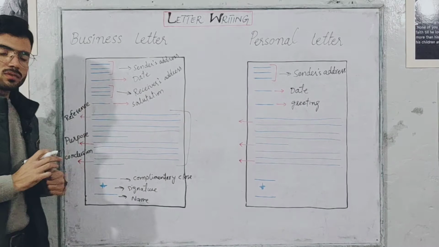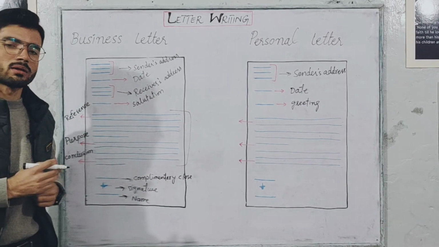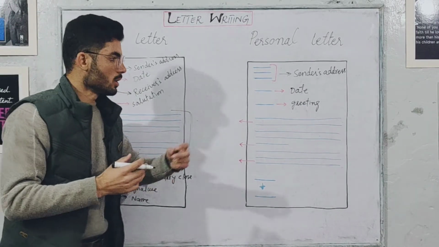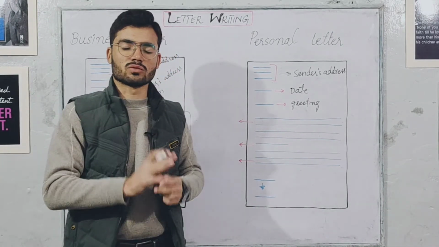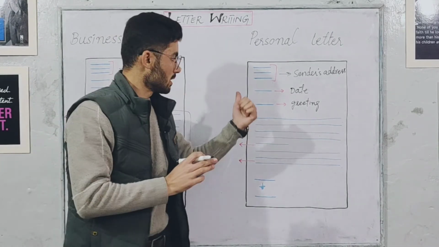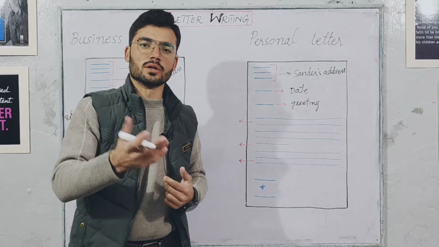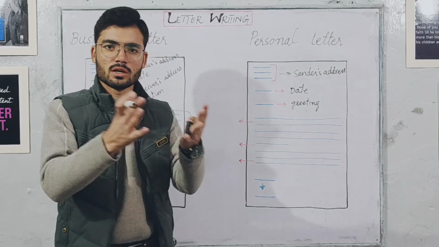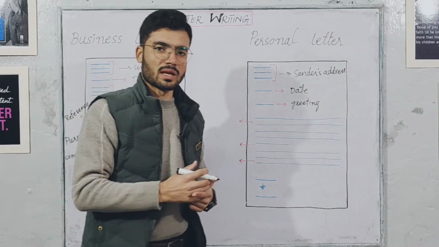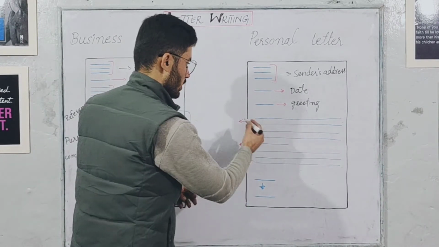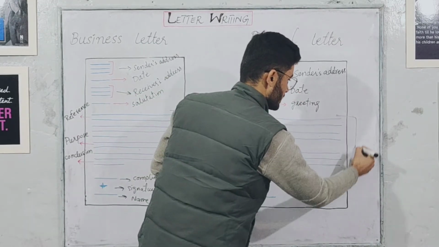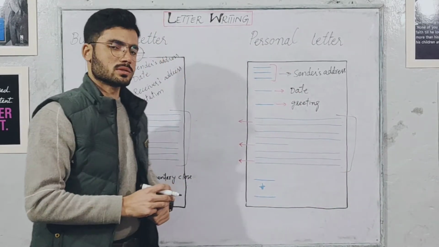Now, in the business letter greeting, we mention respected madam, respected sir, clear? But in the personal letter, we don't mention such things like respected sir, respected madam. Instead, we use dear, dear friend, dear Ali, whatever is the name you mention, clear? Dear cousin.